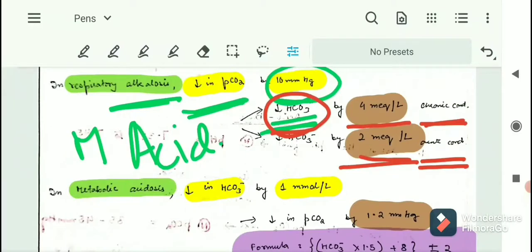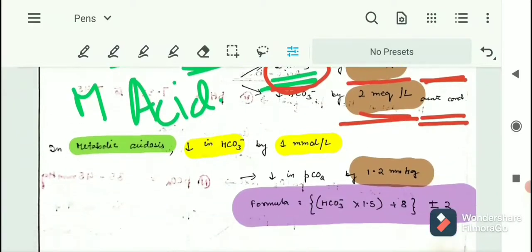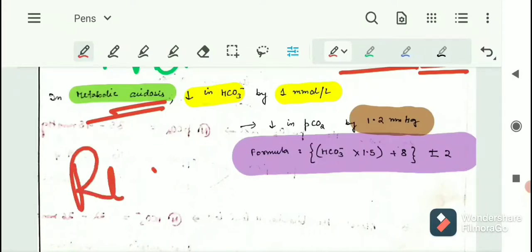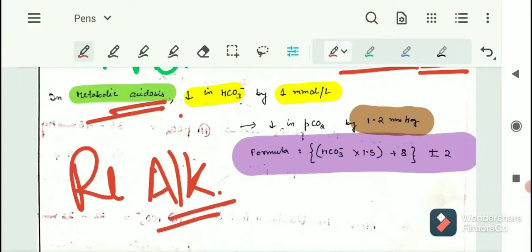Okay, now if metabolic acidosis is happening, the compensation will occur by respiratory alkalosis. This will be the compensation.